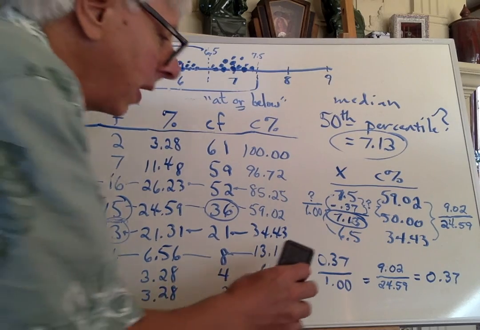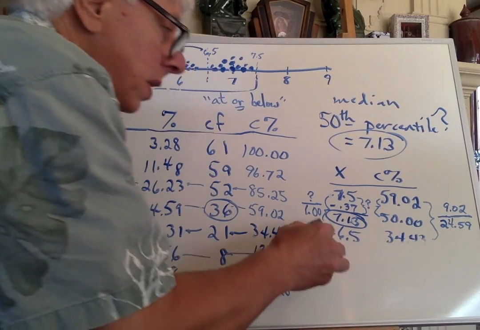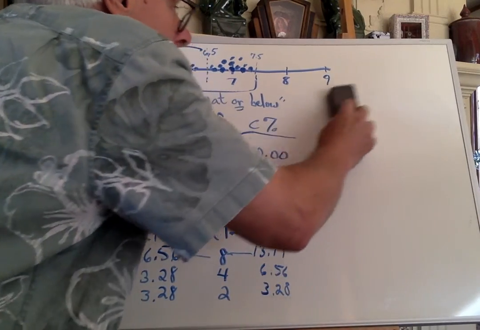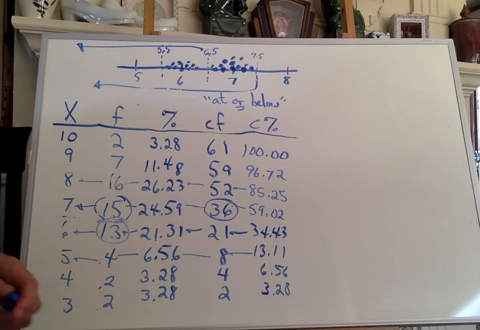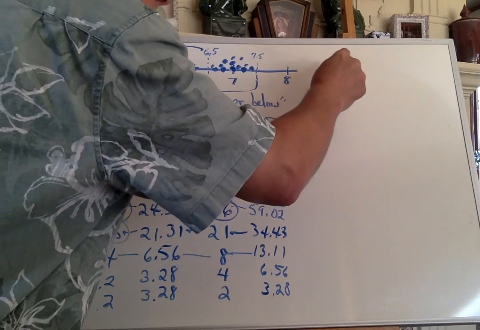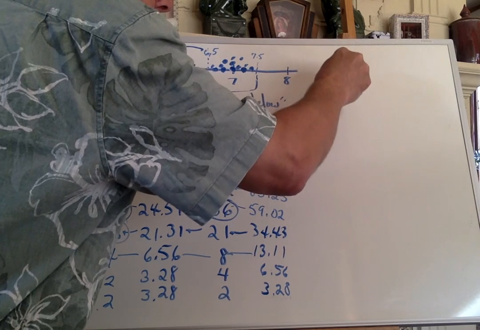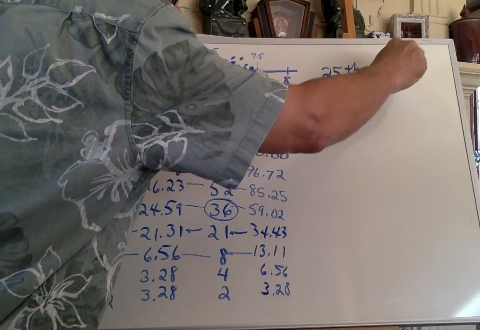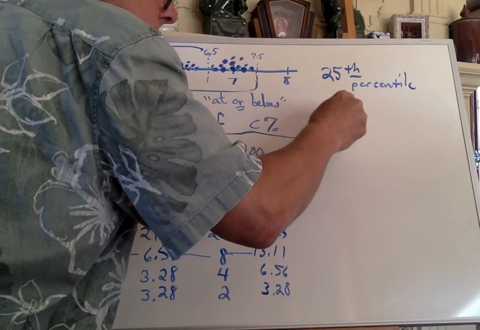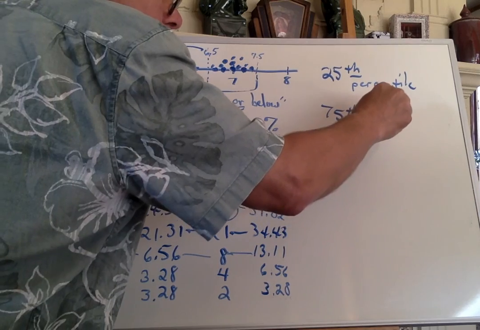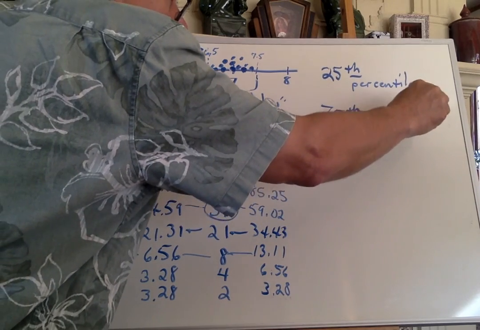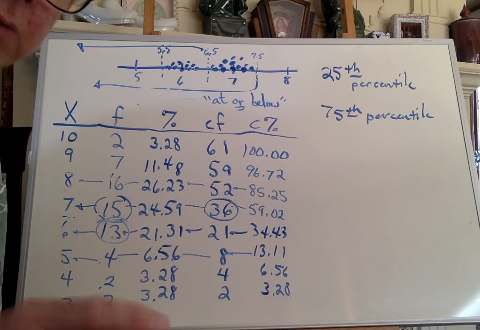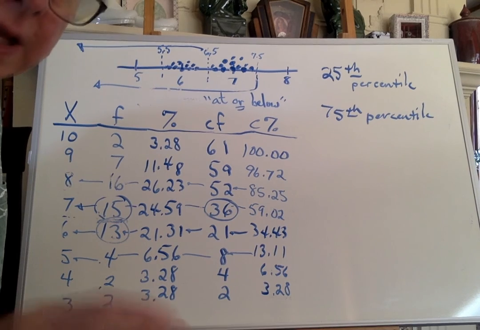Using the same interpolation procedures, I'm going to ask you to calculate the 25th percentile and the 75th percentile, okay? And I'm going to have you pause the video, and I'll tell you when to pause it.